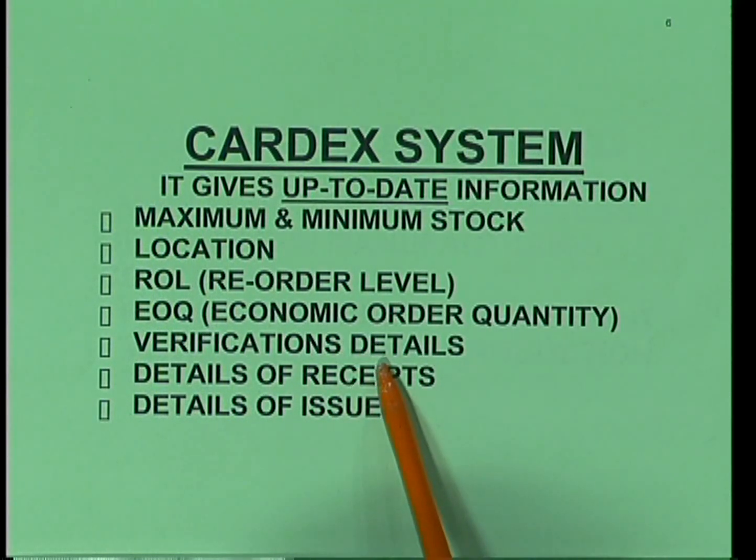And verification details, what is to be verified, whether quantity, quality or some other parameters, details of receipts, when the material was received and when it was issued to whom, everything will be given in the Kardex system. That means instead of going through all those things, we can go for this Kardex system. It will be helpful, with all the details of the items available in it.